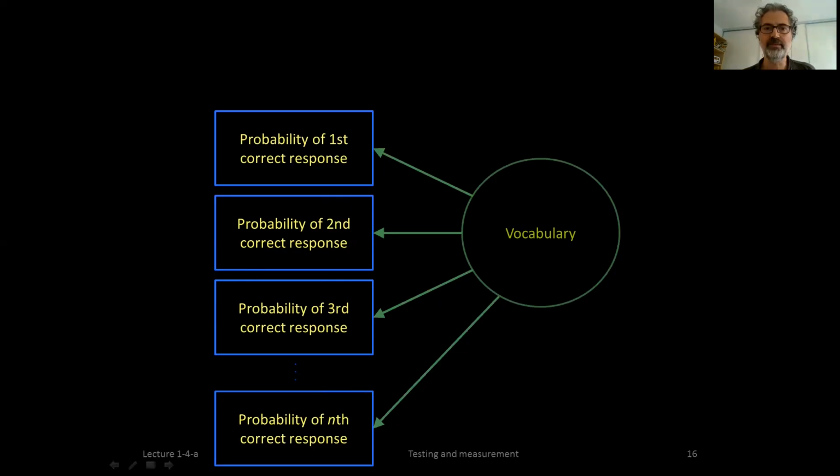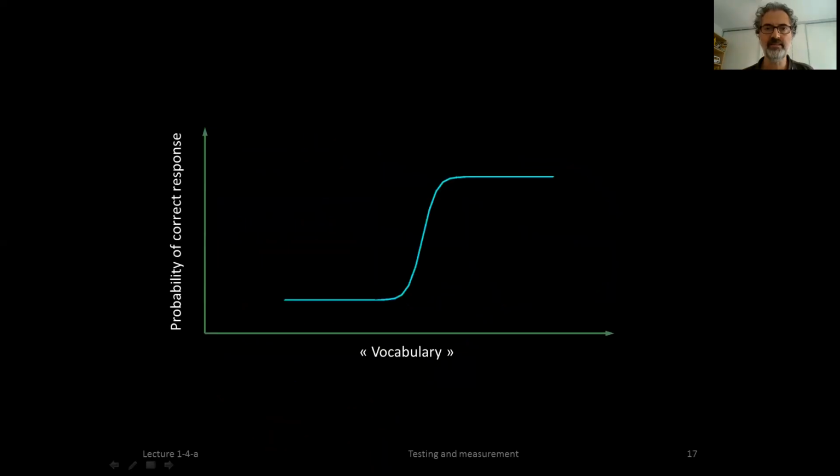What are these probabilities like? Here is the main idea about what a good vocabulary item or any test item should look like. This is a graph of the probability of correct response as a function of this latent construct of vocabulary.